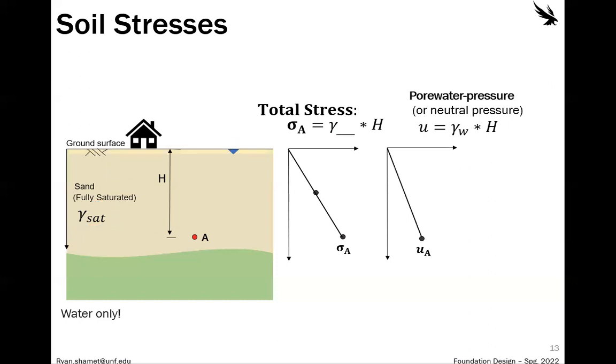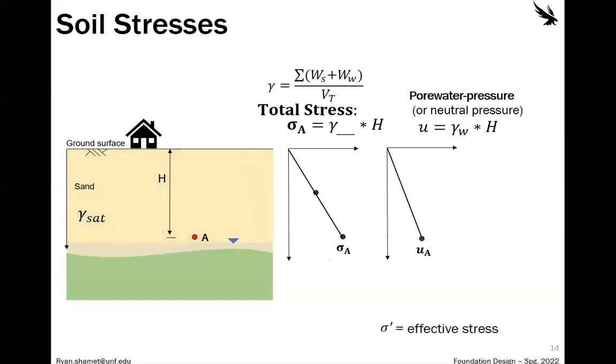This is fine, but when we're actually designing, what we know about the water is that the water can change. In some seasons, the water table might be at the surface. There might be a bad drought, or some farmer might come and pump and lower the water table. If the water table in this little example goes below point A, what's going to happen to the stress? We're no longer using gamma saturated.